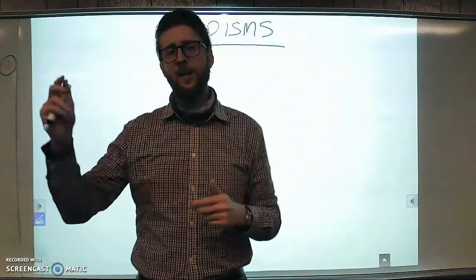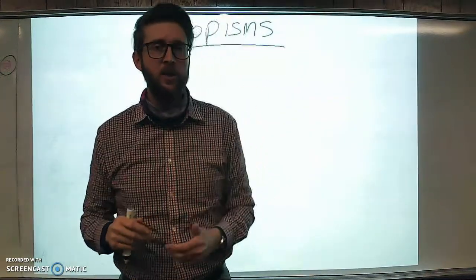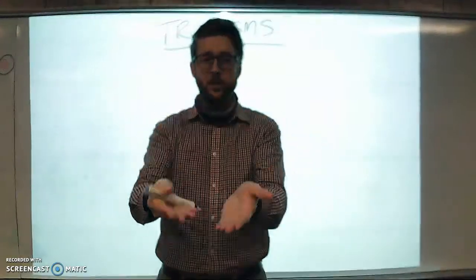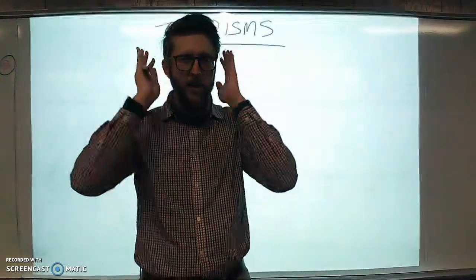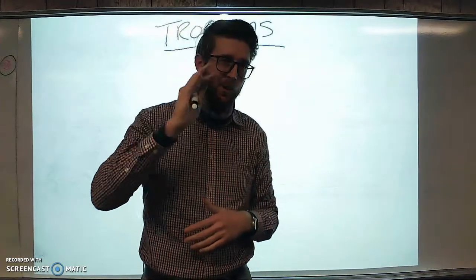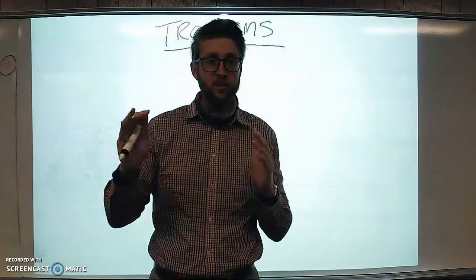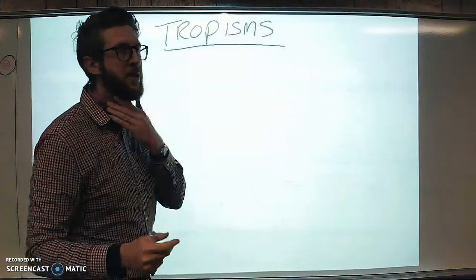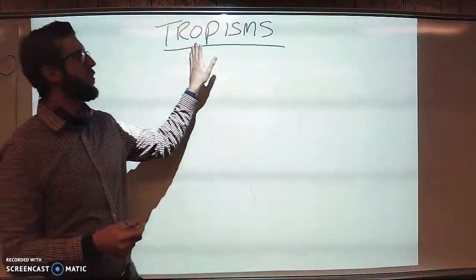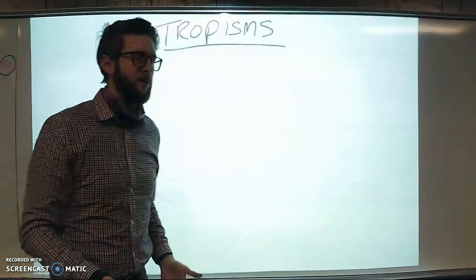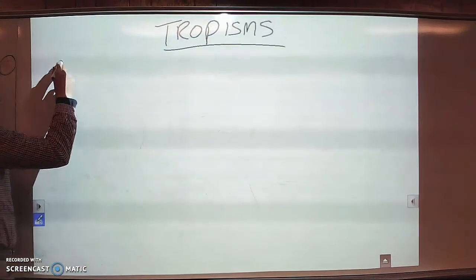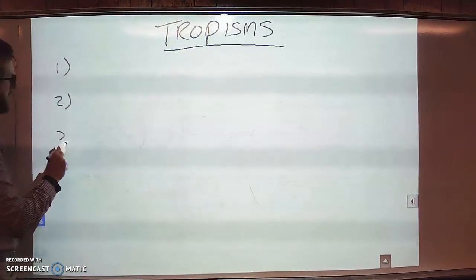A bright light, a loud noise, someone hitting you. These are all stimuli that you can respond to by squinting your eyes or covering your ears or wincing or dodging and ducking, right, if someone's trying to hit you. So these are all tropisms, ways for you to react to a stimulus. And plants actually have 4 of them. Okay?